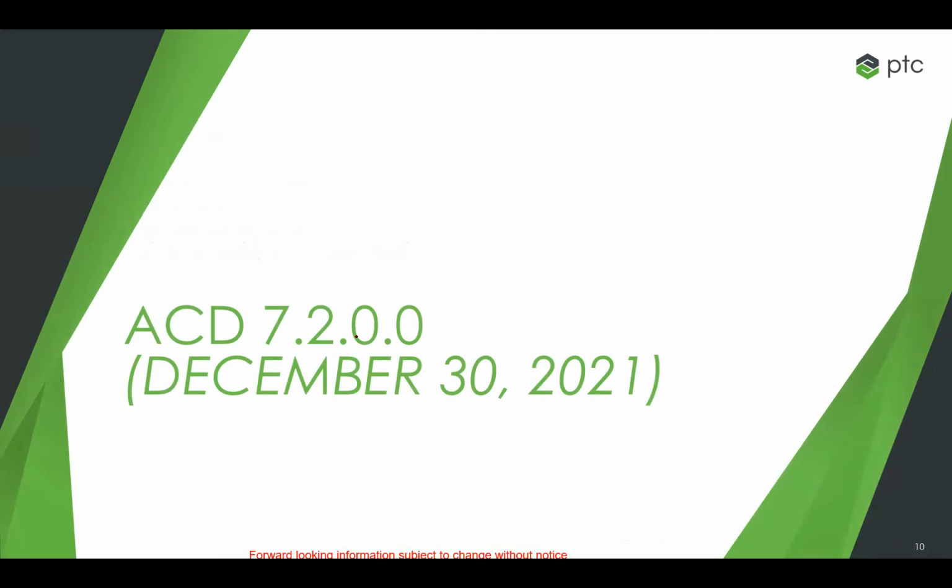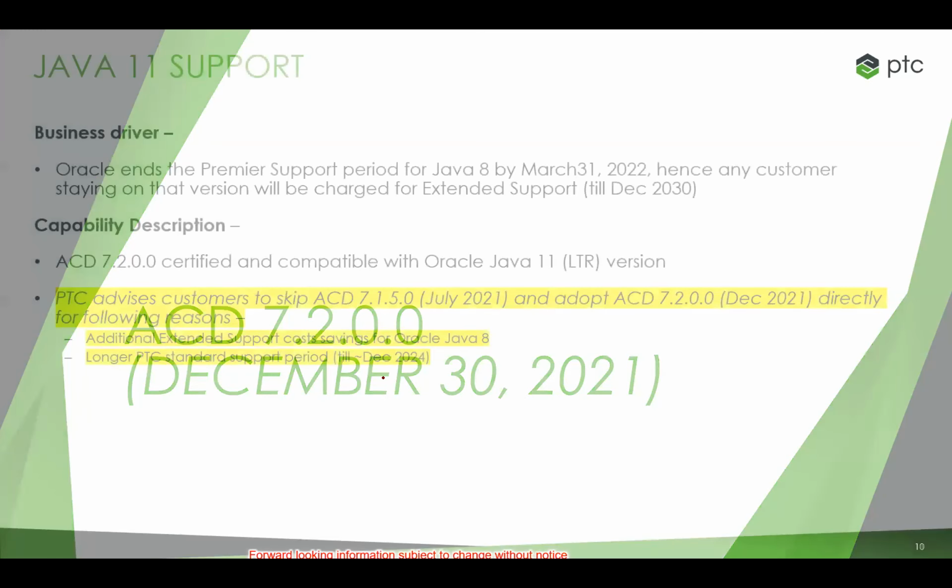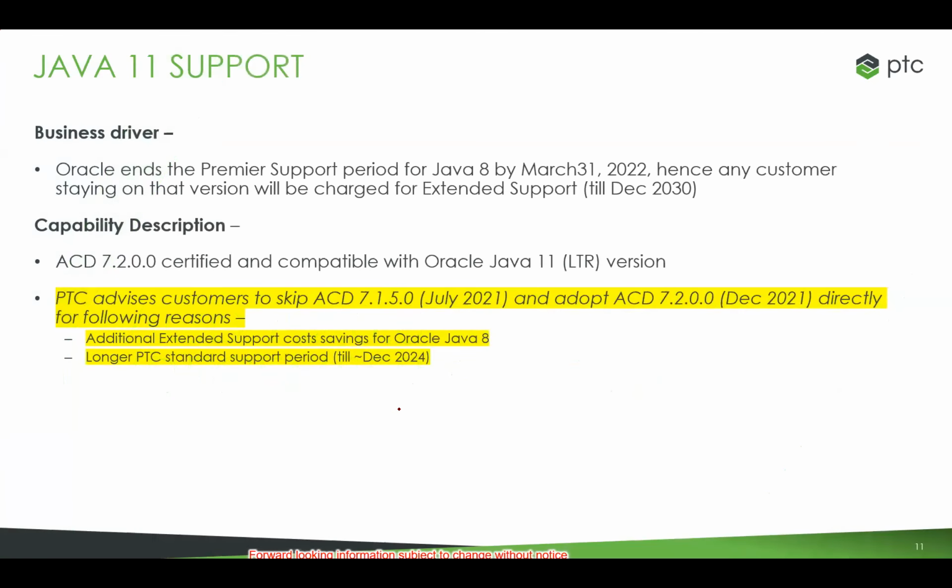The next coming release after that will be 7.2, as Patti mentioned, and its projected RTM, or release to market, date is currently end of December this year. And this version will contain a couple of important features.